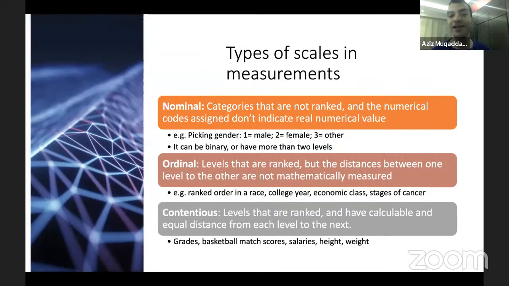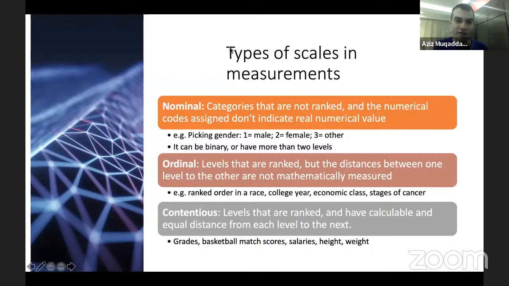In name only. A nominal scale means a scale in which the numbers don't have actual values, they're just in name only, used as a matter of convention or convenience. For example, when you get a survey and they ask you to pick your gender, and you click 1 for male, 2 for female, and maybe 3 for other, that doesn't mean males are ahead of females or better than females.